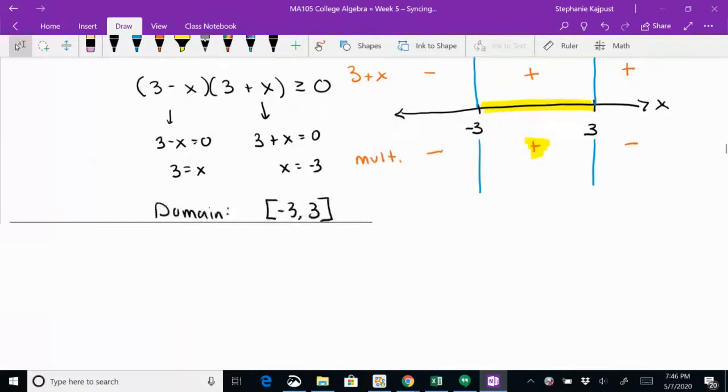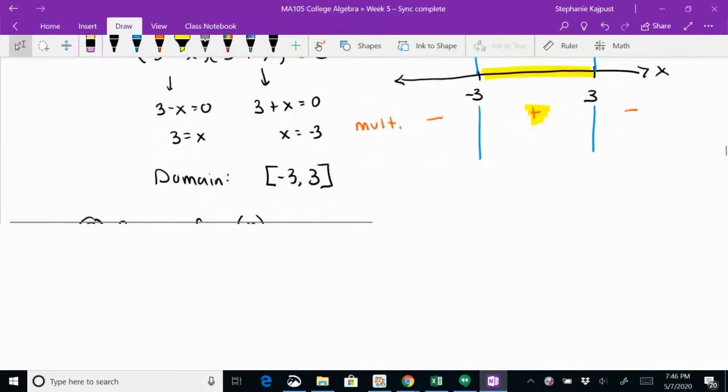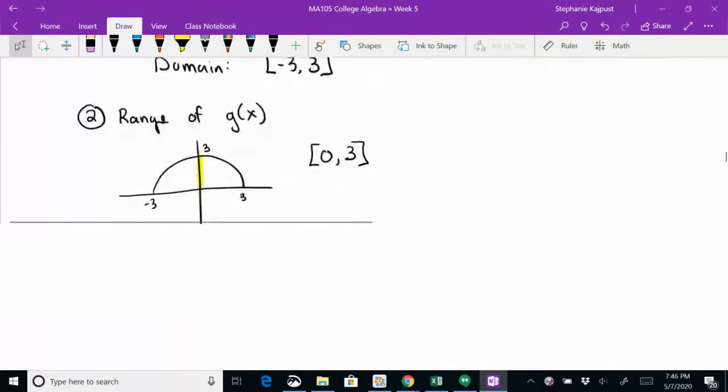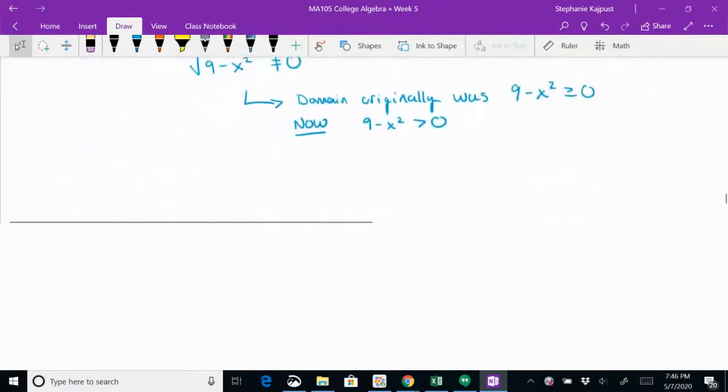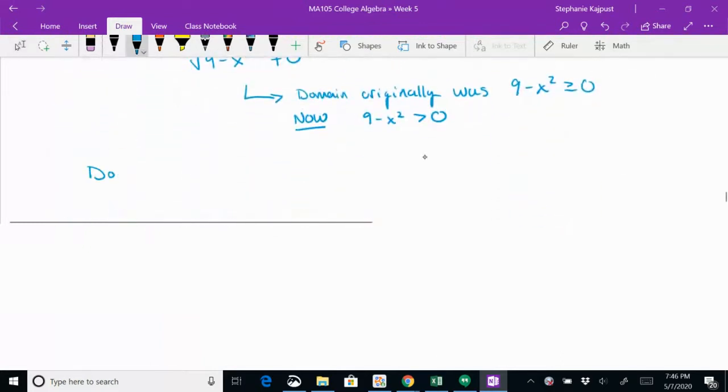And so instead of our domain being brackets at -3 to 3, our new domain is now going to have parentheses. So our new domain of f composed g will be parentheses -3 to 3. So once we figured out what f is not allowed to have, we now have to work our way backwards to figure out what values for the first, where we started, we can't plug in that will down the line cause issues.